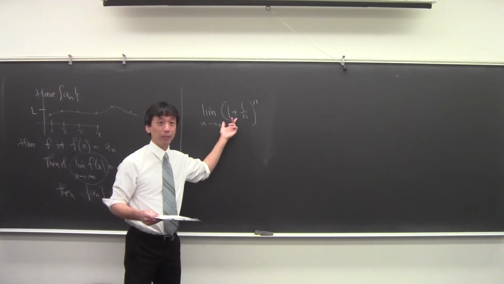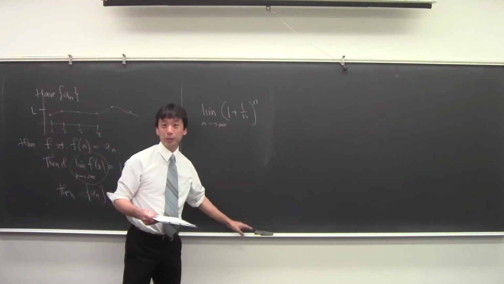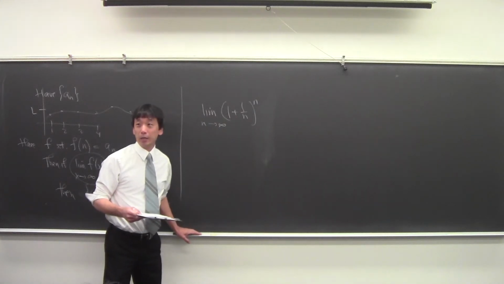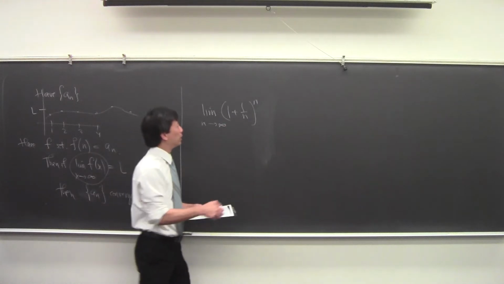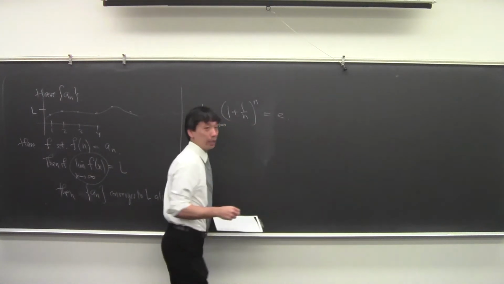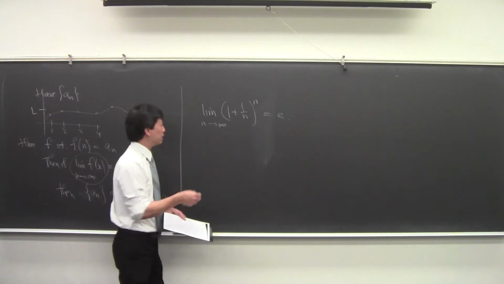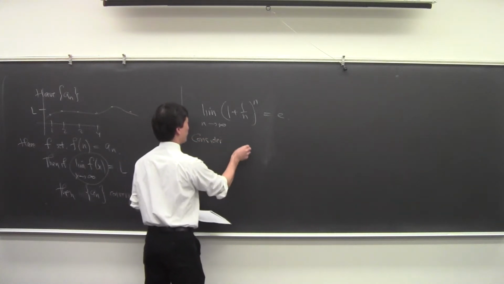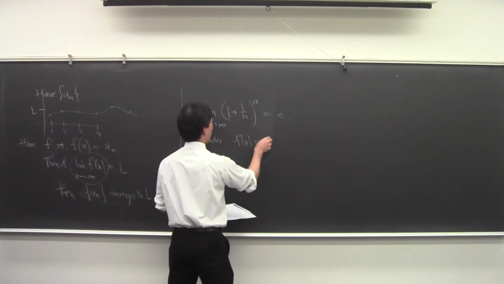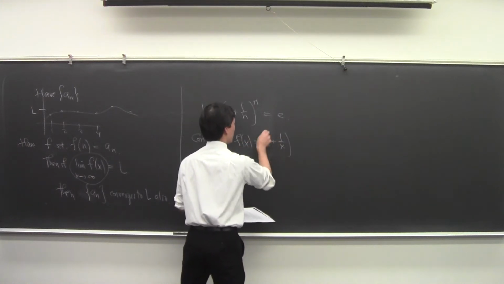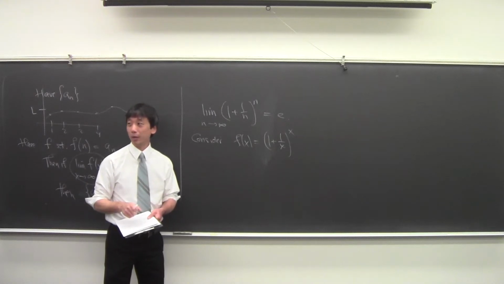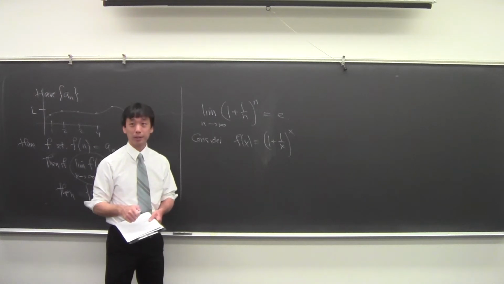This is something that we threw out as a question at the beginning, and we said it balances out at e. The way we see that is to consider the function f of x being (1 plus 1 over x) to the x.